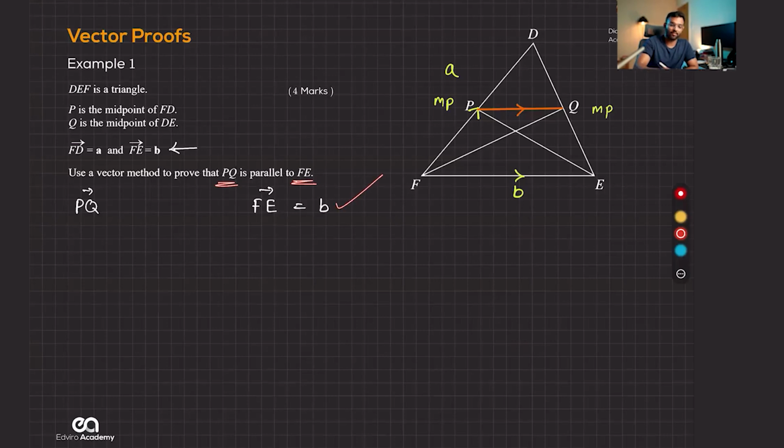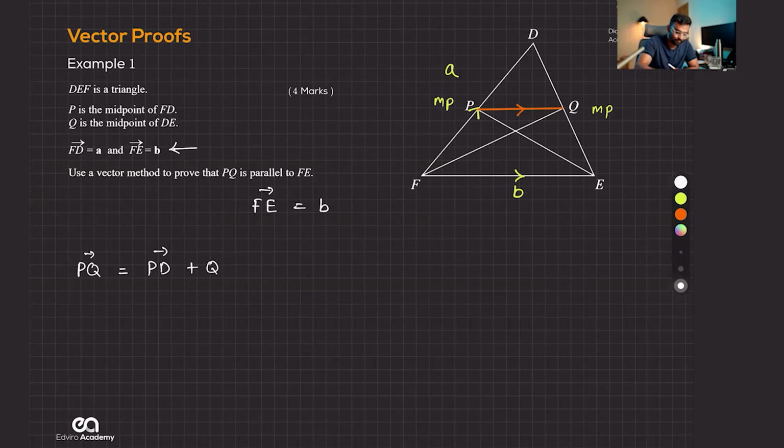We already know what is FE. So how would you find PQ? Let's find a pathway for PQ. PQ could be worked out as PD to DQ. That okay? PD to DQ.